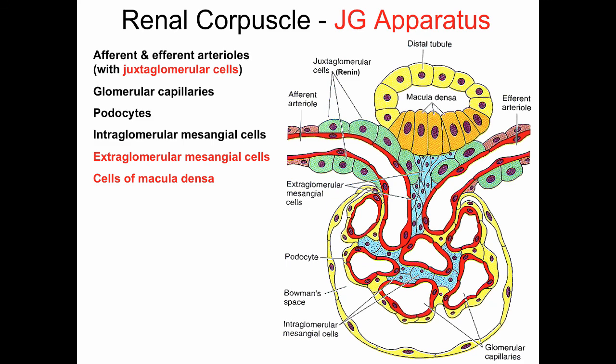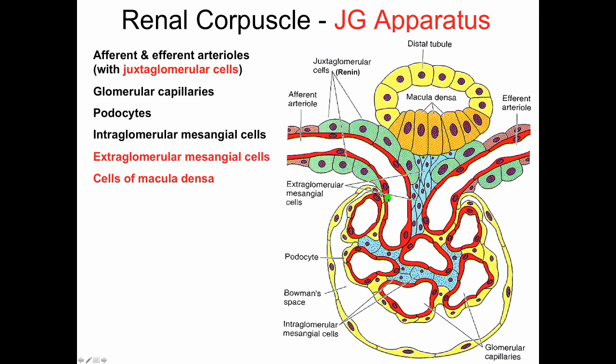Let me talk about the renal corpuscle and the JG apparatus, and this diagram highlights both. So we have shown the afferent and efferent arterioles with juxtaglomerular cells, shown like this in green. And remember, the juxtaglomerular cells secrete renin.